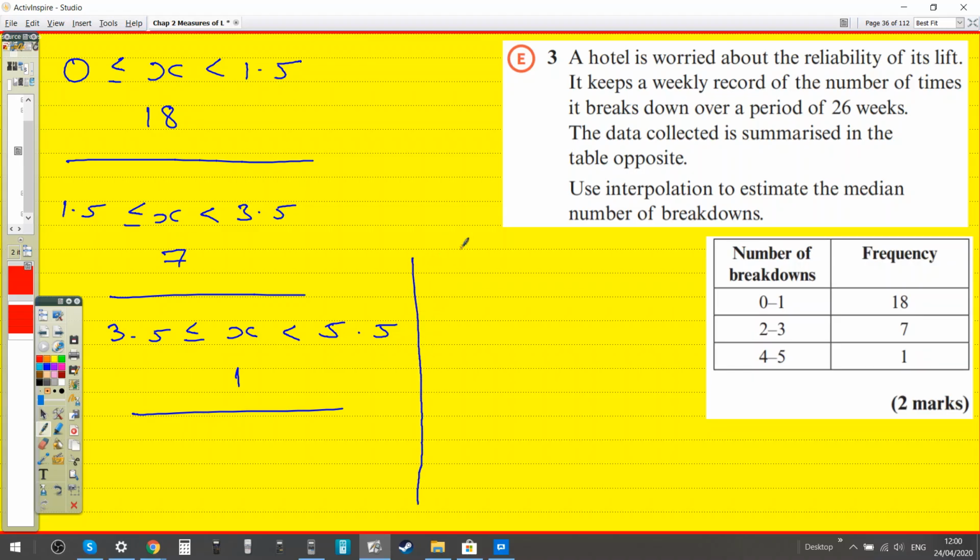Do I need to find first of all the middle value? Mm-hmm. 26? It could be 13.5. Okay. And in our number of breakdowns table, that'll be in the 0 to 1.5 bracket. Yeah.